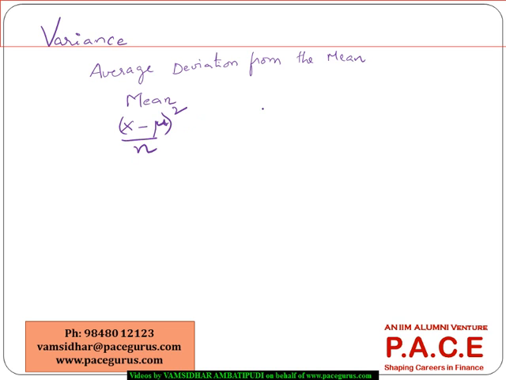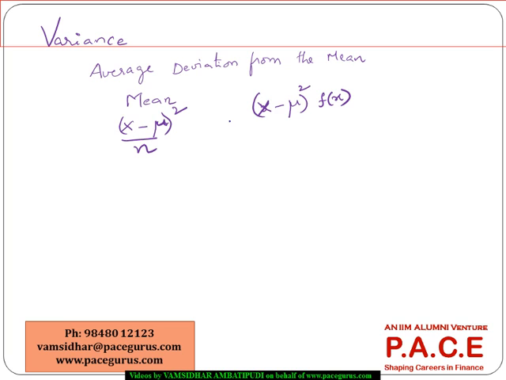Or it is as good as I take the difference, square it, and multiply it with its corresponding probability density function. That is what will give me the variance that is involved in the process.